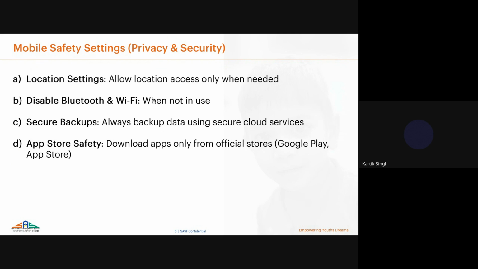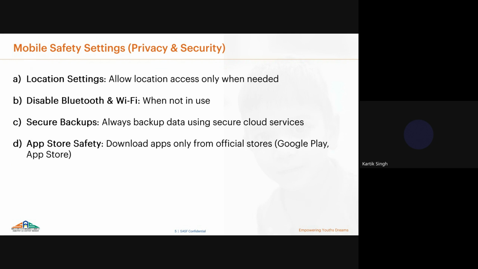Location settings. Allow location access only when needed. Now what happens is, in Android devices or for iOS users, certain applications will constantly ask for your location and want it to be on 24/7. You don't need to give location access to the application or the device 24/7.